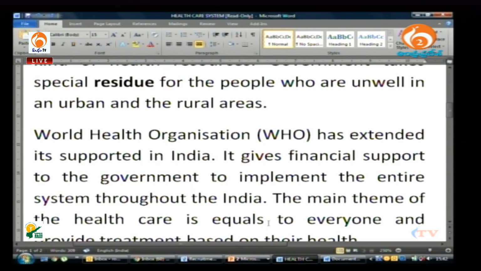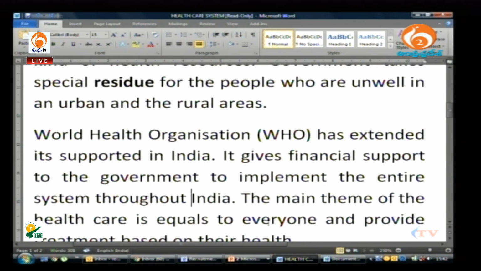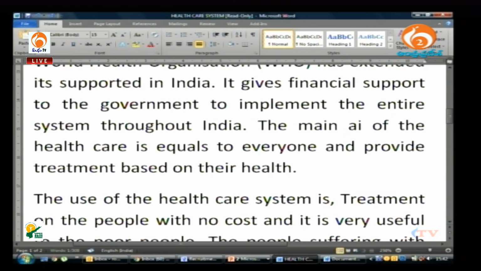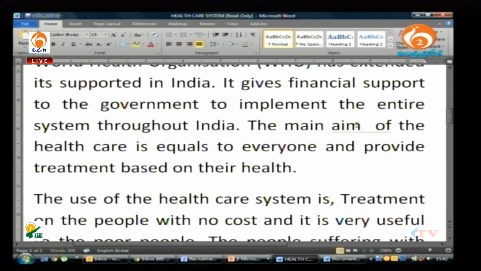You cannot use the India, throughout India. The India is not needed. The main theme, a system doesn't need a theme. The main aim of the healthcare is equals to everyone. No, equal. Why do you use plural? Everyone is considered a singular form.